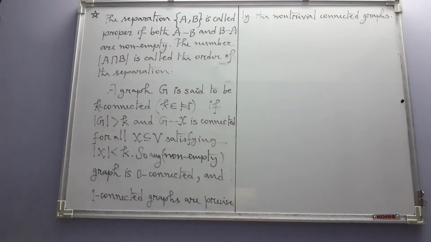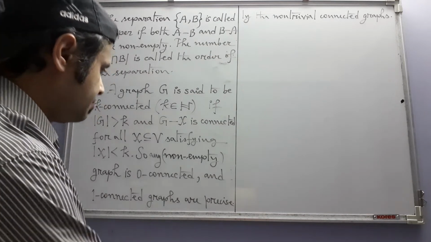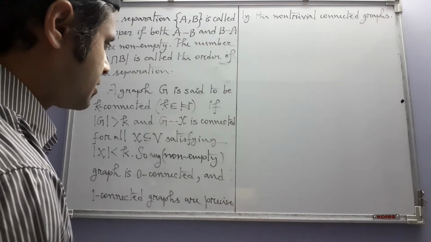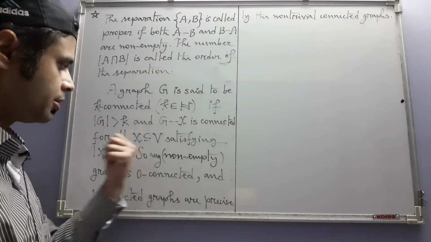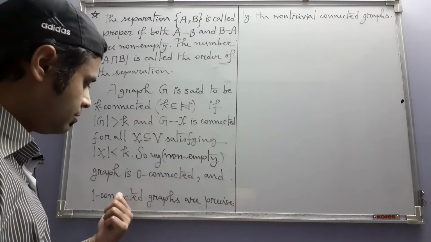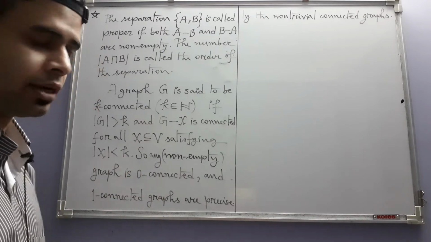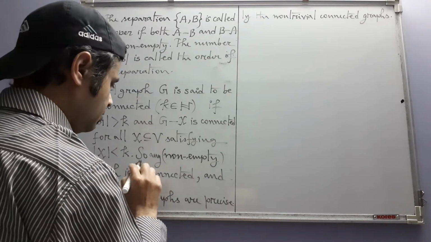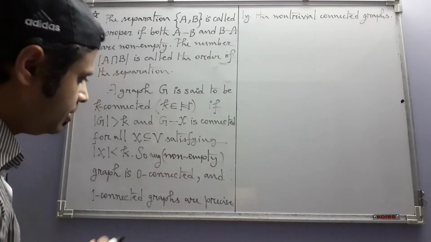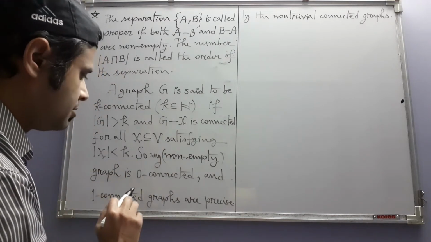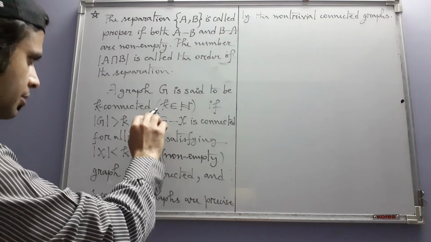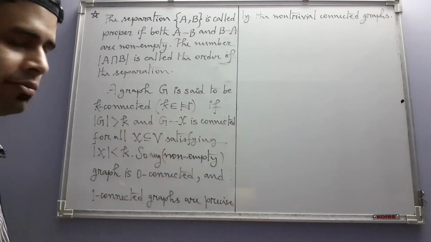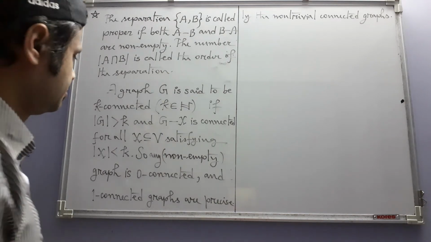What is all this? Let's see. Let us first, without really going very deep into the definition, try to verify these things just mechanically. We are saying that any non-empty graph is zero connected. So we should have 0 in place of k.